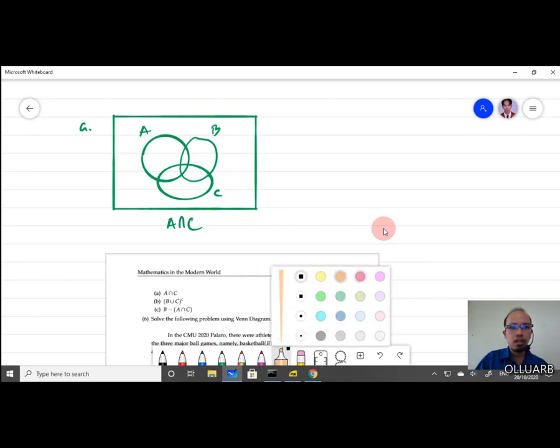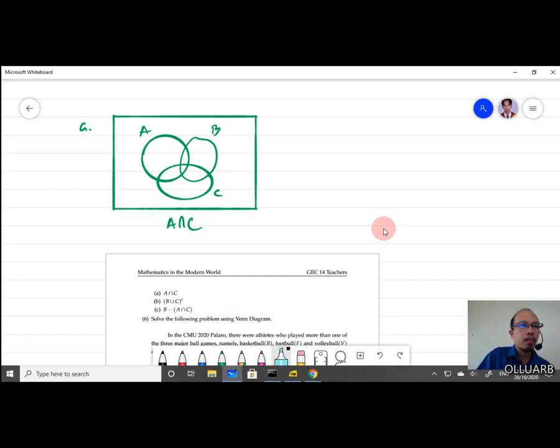Let's try a blue color. Okay, so that's the shaded region for A intersection C.